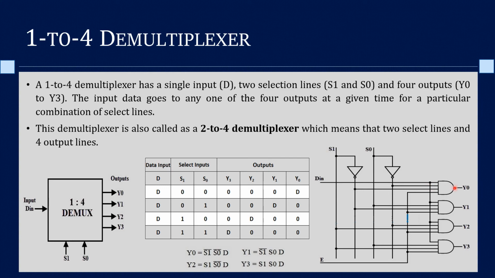Then the other inputs are S0 and S1, and based on the truth table, we can draw the corresponding logic diagram. One more additional input line, the enable pin E, is also there. The enable pin will be connected to each and every AND gate. So that is the case of the 1 to 4 demultiplexer.